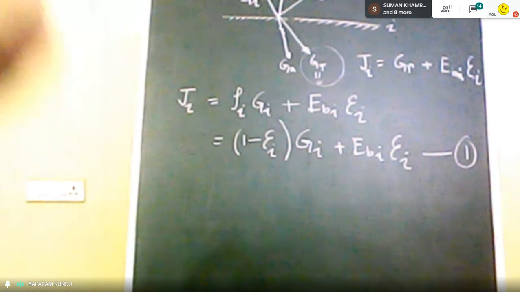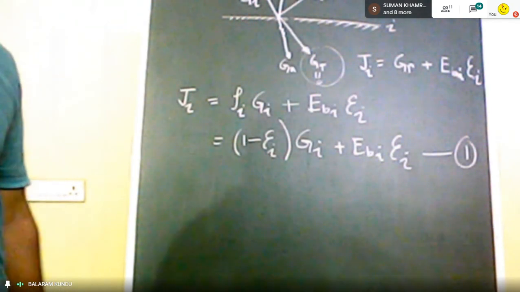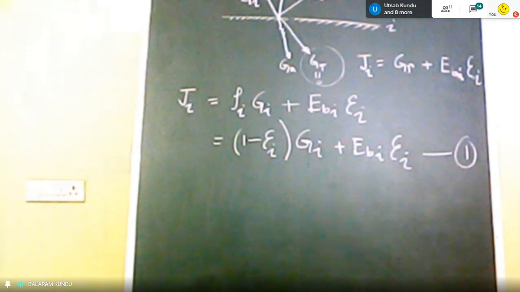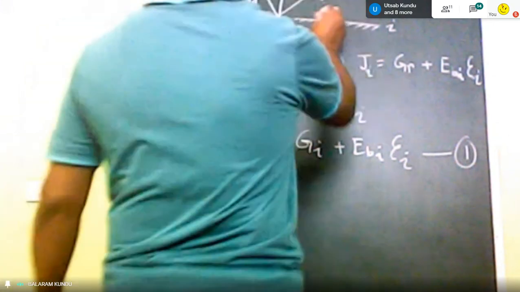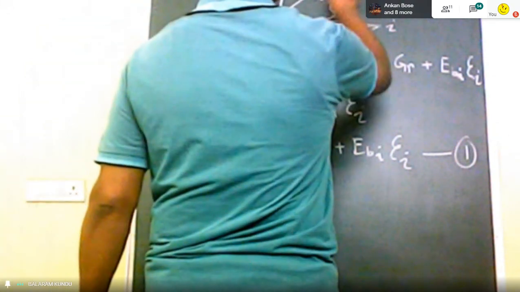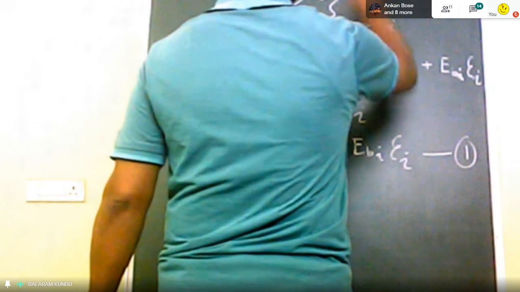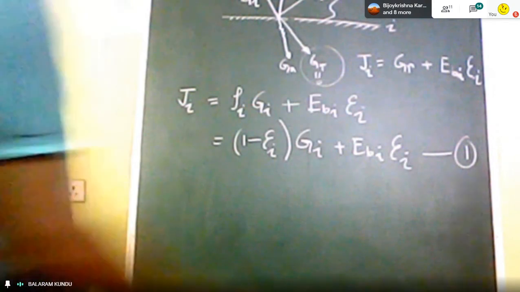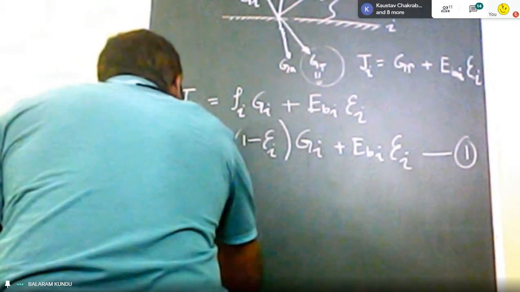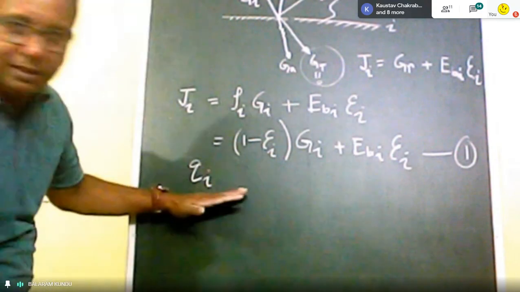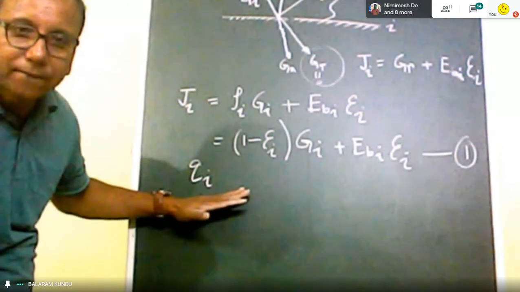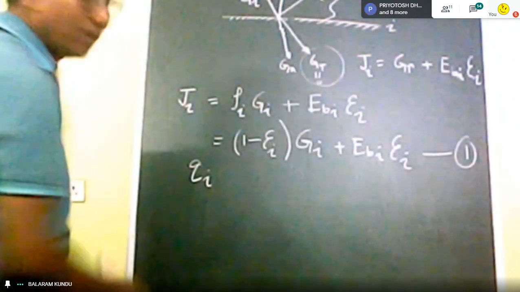Now the net radiation flux leaving the surface I is denoted by, say, Qi. Qi is the net radiation flux leaving the surface I. Okay, this portion is visible. Yes, yes, okay.